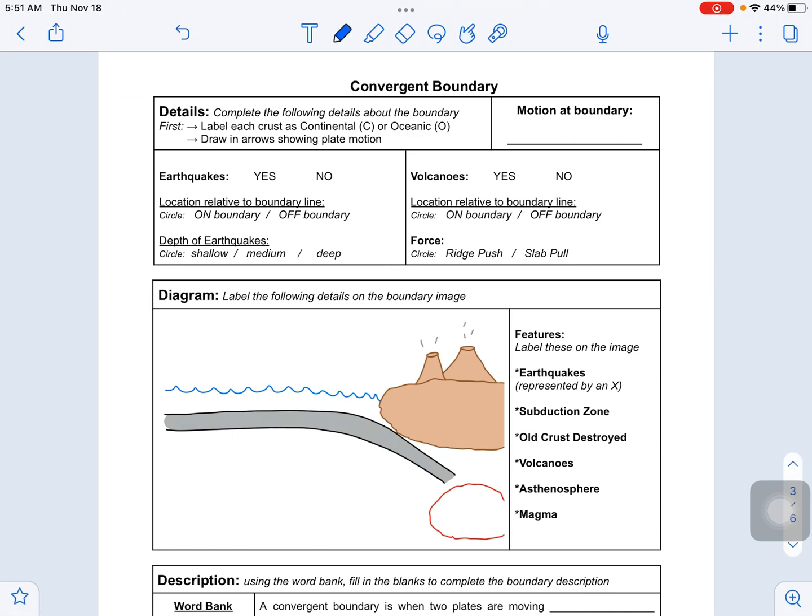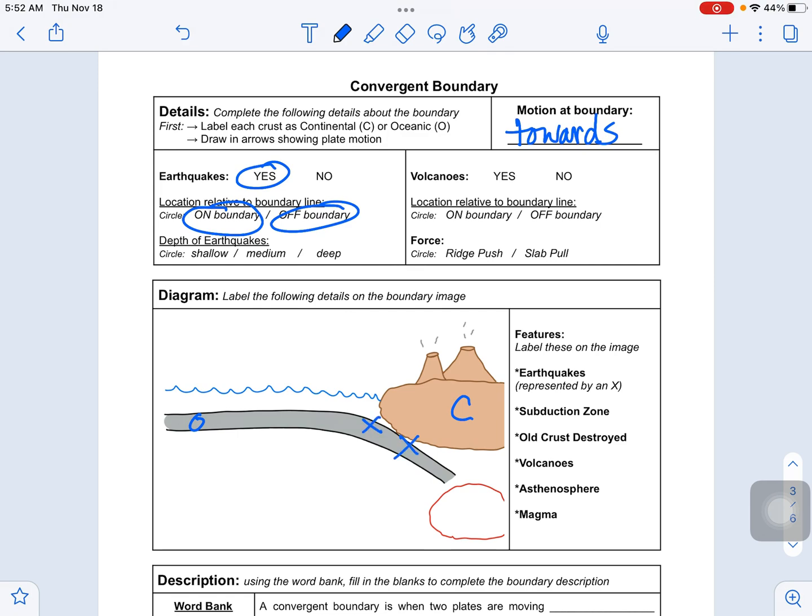Okay, the motion at the boundaries, they're moving towards each other. We have an oceanic plate colliding with a continental plate. Earthquakes are going to be on the boundary and off the boundary. We're going to represent those with some X's.